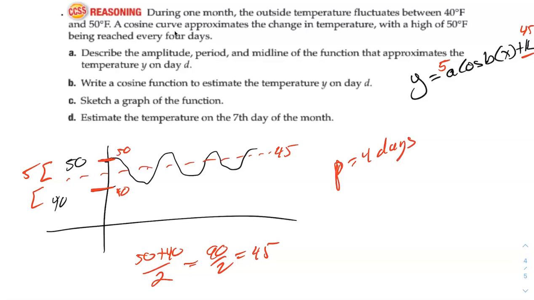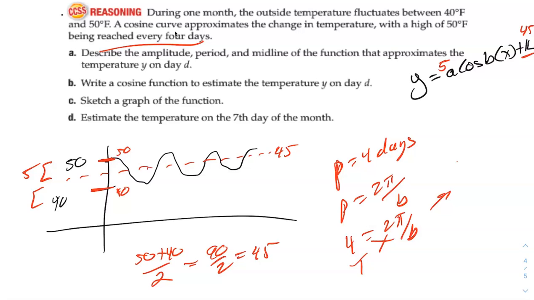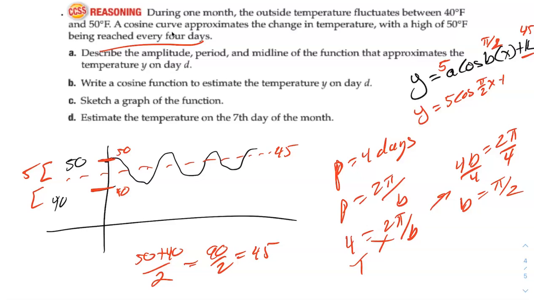Period is 2 pi over b. 4 equals 2 pi over b. Cross multiply, I get 4b equals 2 pi. Divide by 4, B equals pi over 2. So there's my equation. Y equals 5 cosine pi over 2 x plus 45.